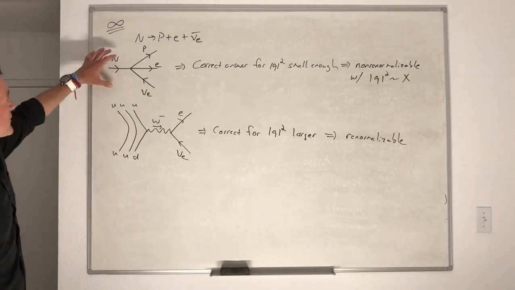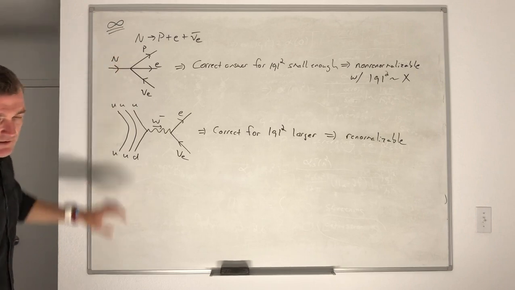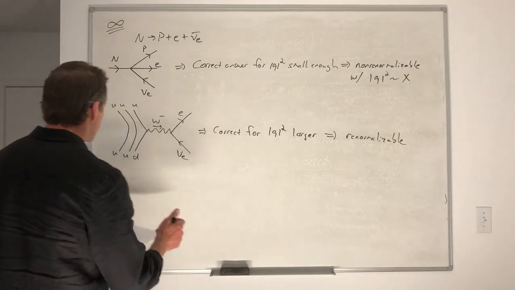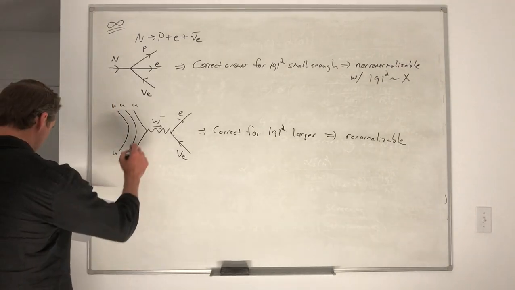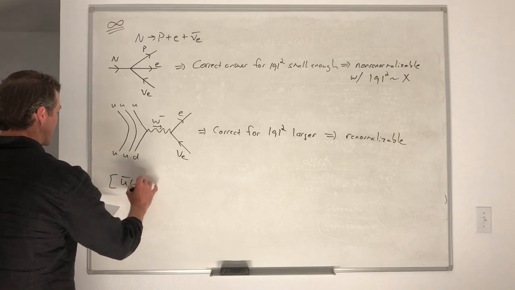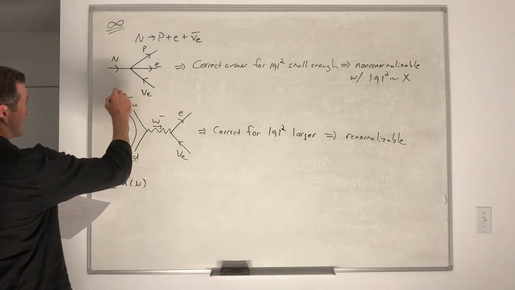And so what we want to do is understand the difference between this diagram and this diagram. Well, if we actually write down the amplitudes for these two things, they're not that bad. So for this diagram, I'm going to write this one on top. We have U bar for the neutron, and I'm just going to treat these as one particle. So this is the neutron and this is the proton.